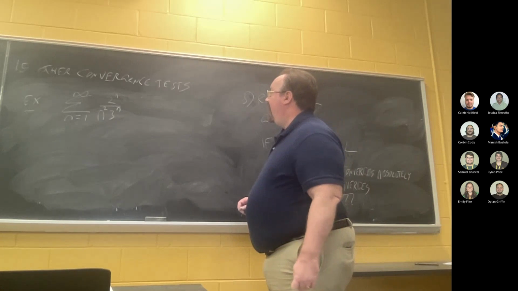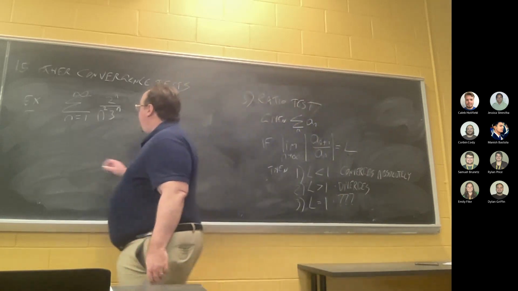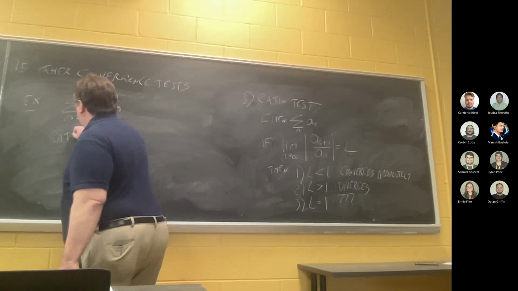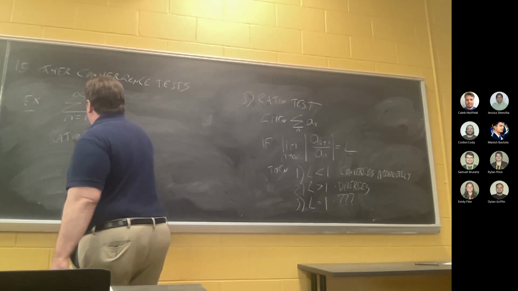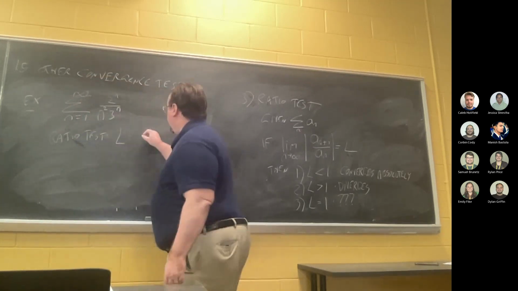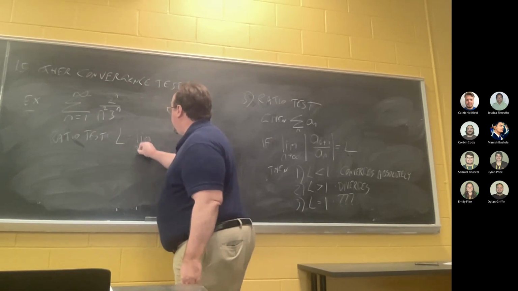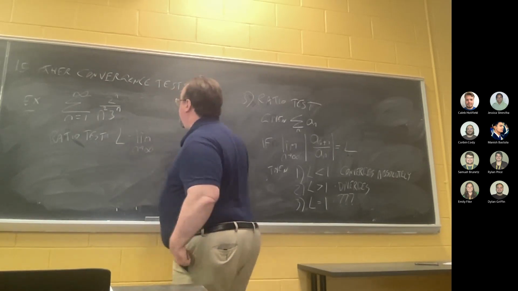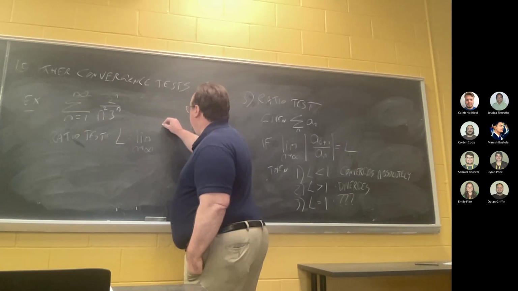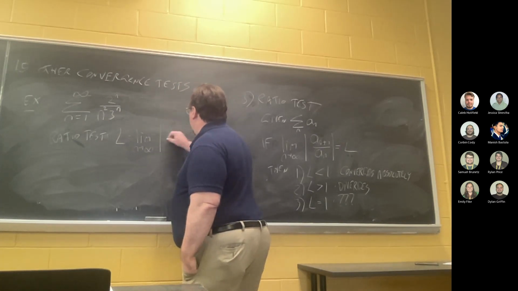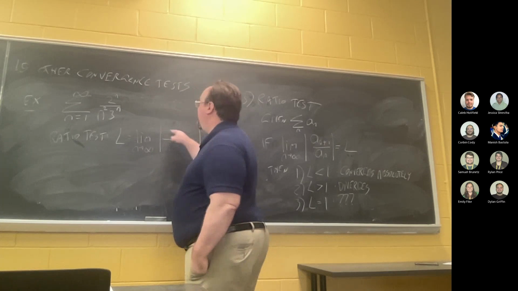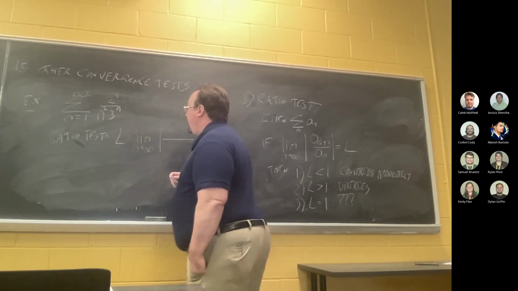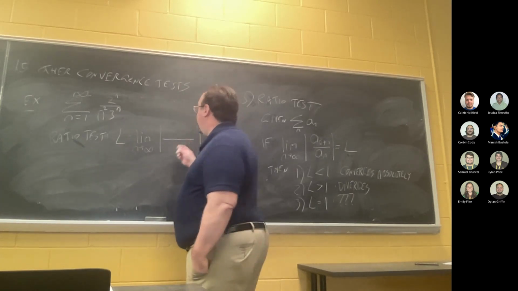So if we try the ratio test, then we'll let L be equal to the limit as n goes to infinity of. Okay, so up top, I'm gonna put this expression with n replaced throughout by n plus one.